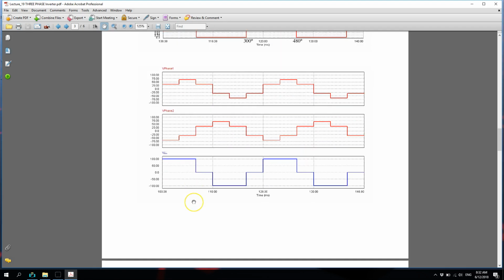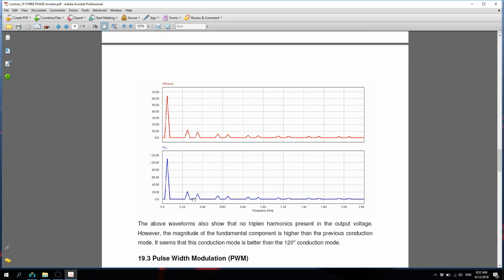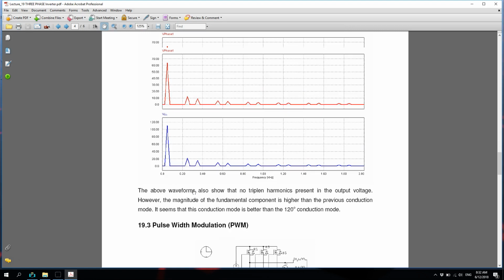Okay, so let's look at the harmonic spectrum. Again, for phase we have the same characteristic of the harmonic spectrum. Fundamental, no triplet harmonics, and we have of course all the odd harmonics but no triplet harmonics.